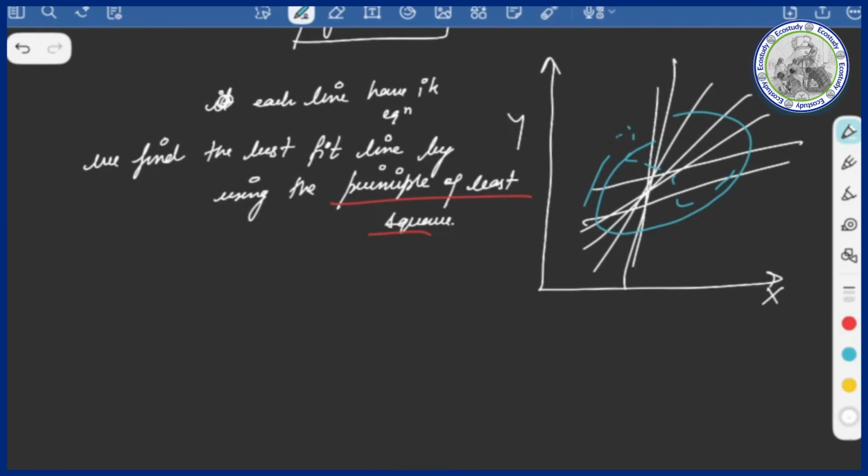Okay, and what does the principle of least square mean? I will use a different color.